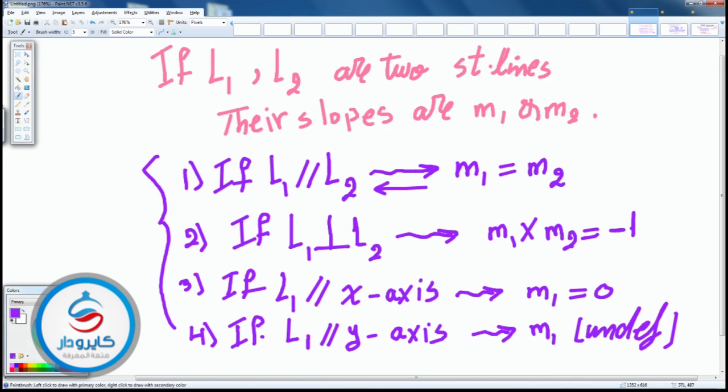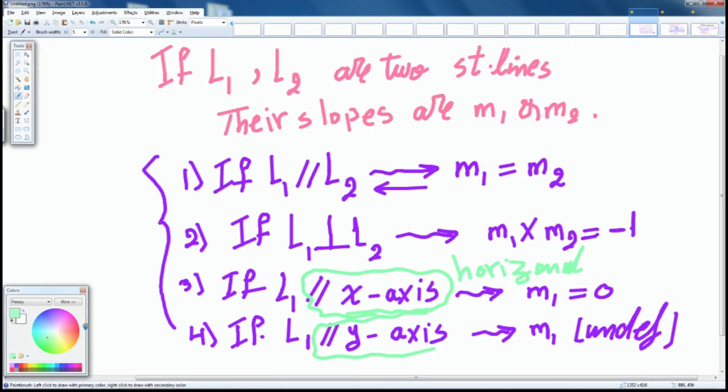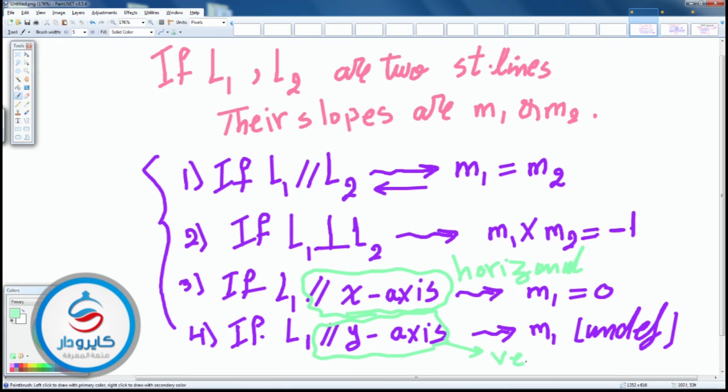By the way, a line parallel to the x-axis means a horizontal straight line, but when it's parallel to the y-axis it means a vertical straight line. So a horizontal straight line is parallel to the x-axis, and a vertical straight line is perpendicular to the x-axis or parallel to the y-axis.